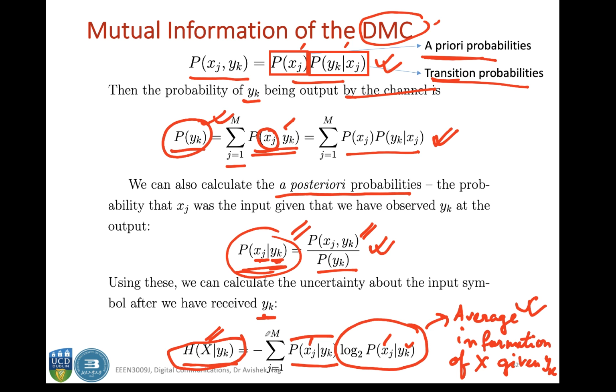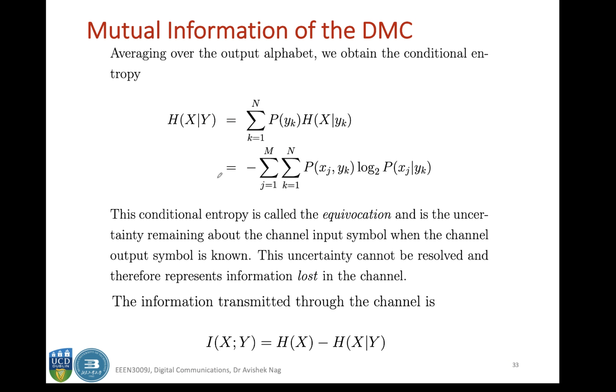Now if you do the average over all k: the expression we obtained is for one particular observation of the output yk. If you average the entire thing by multiplying with the probabilities of yk and summing over all k, then you get the conditional entropy of the entire input alphabet X given the output alphabet Y is observed.